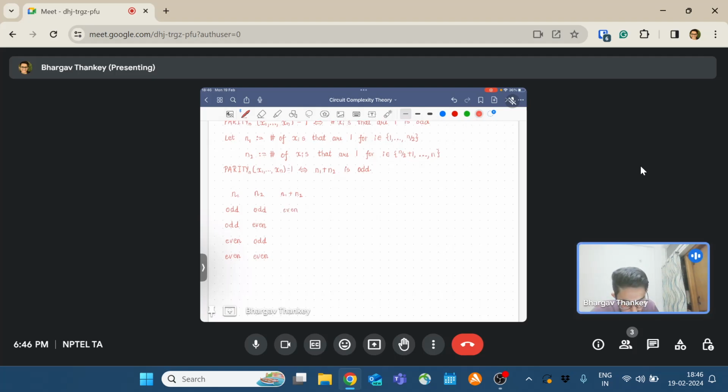When one is odd, it's odd. And when both are even, it's also even, right? So this already looks like the truth table of parity, right? And to make this formal, you can do it like this.